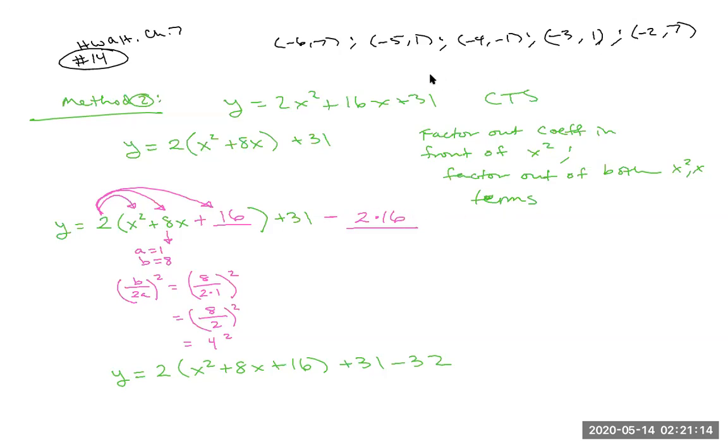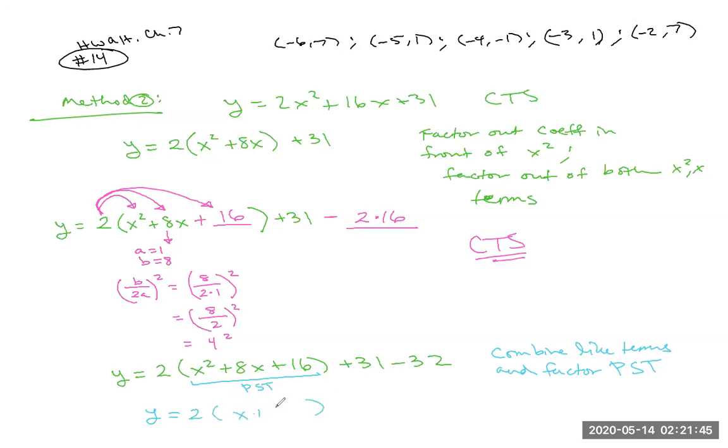Okay, so the second step was the completing the square. The third step, combine like terms and factor the perfect square trinomial that's located right here. So you have y equals 2 times the quantity x plus 4 squared.